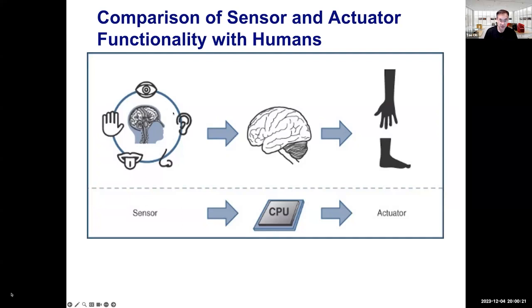For the machine, we're using sensors, right? For the brain, we use more of a CPU, and the actuator gives instruction to move something, right? So it has feet and hands, and it has an actuator.